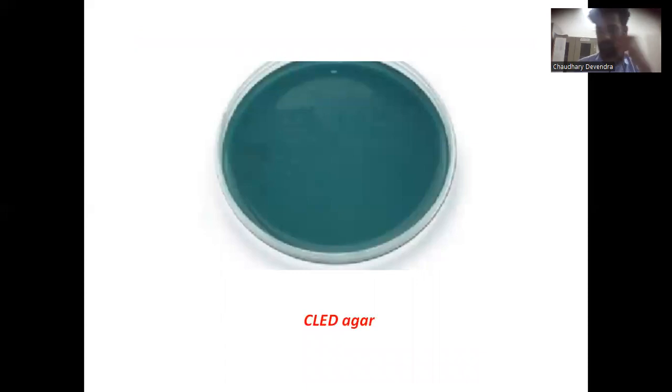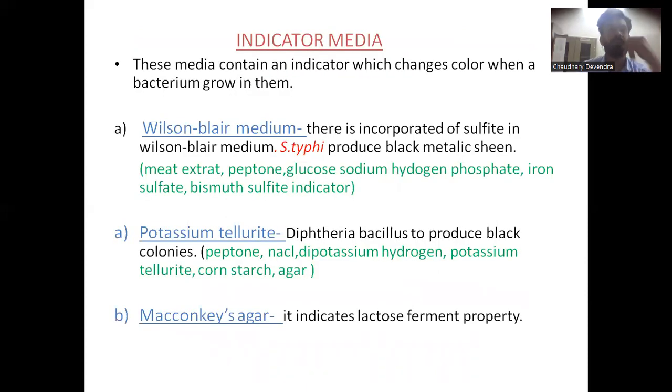Wilson Blair medium is an indicator medium. In the case of Salmonella typhi, it produces black metallic sheen colonies. If we put a sample on the Wilson Blair medium and Salmonella typhi is there, it gives black metallic sheen colonies.